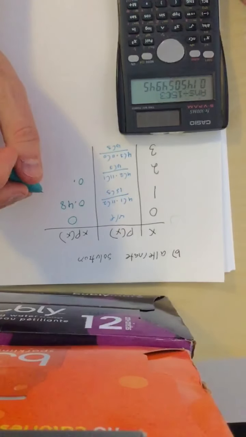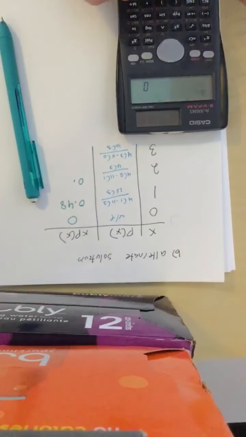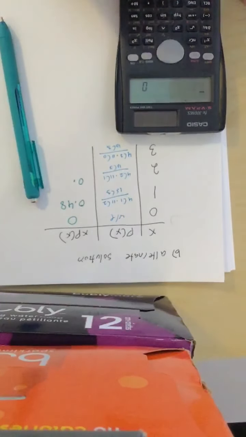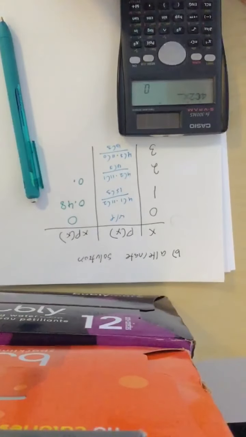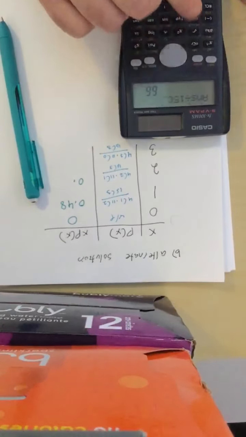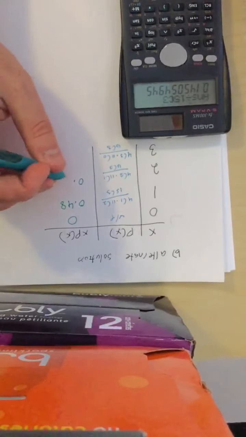Wait, did I do that right? 4 choose 2 times 11 choose 1, divided by 15 choose 3. So that's 0.15.